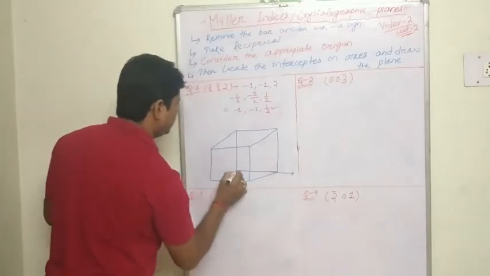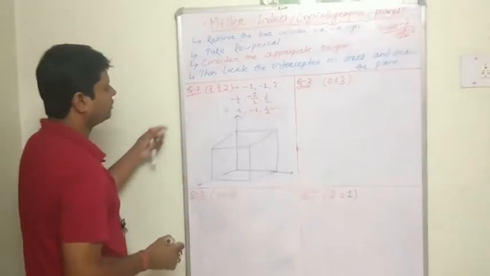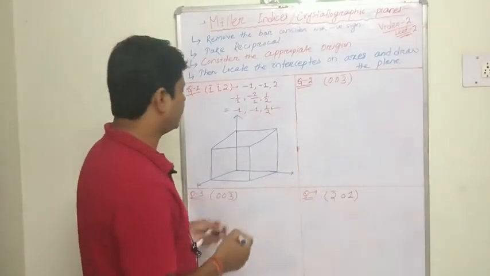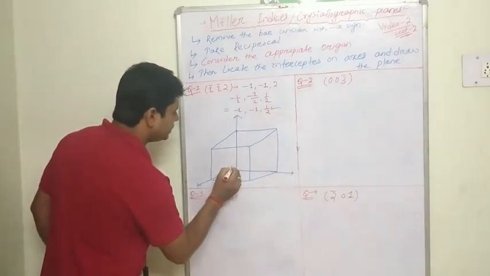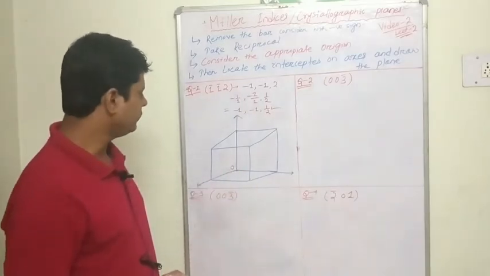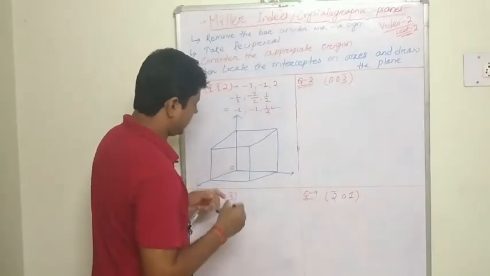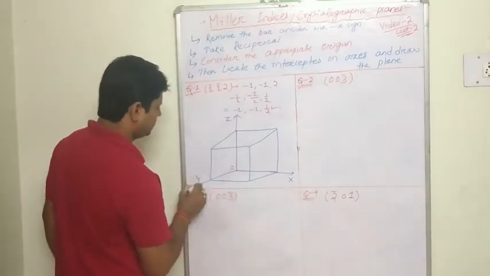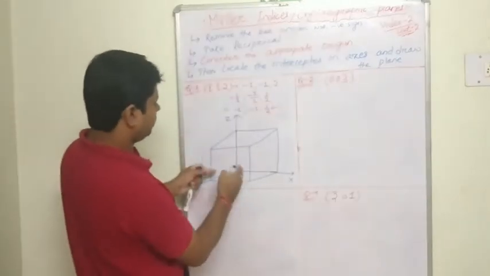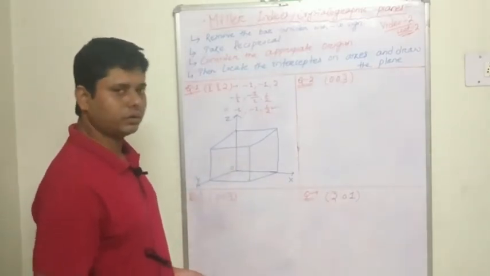In previous questions, without any bar in the Miller indices, we always took the origin to be here, and we drew the plane. This is x, z and y. You have to draw the cube perfectly. Here it is not drawn perfectly, but you have to draw the cube.